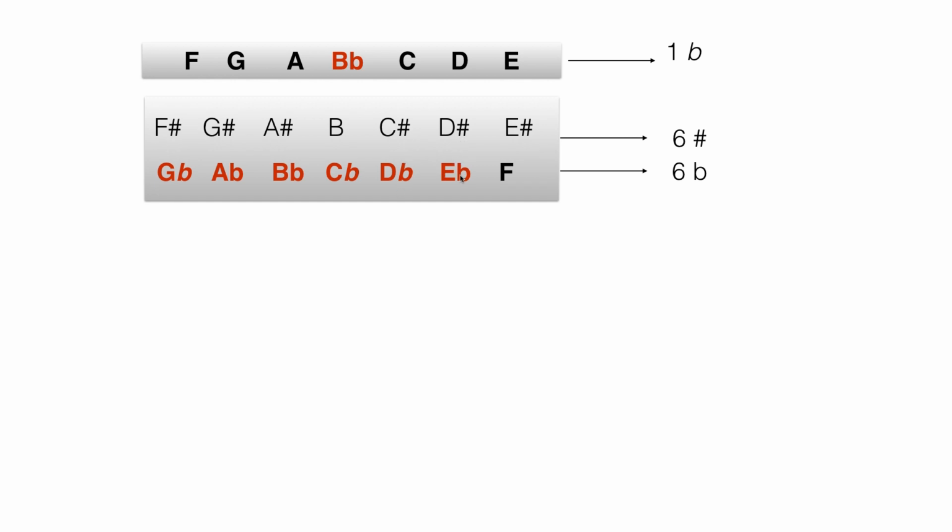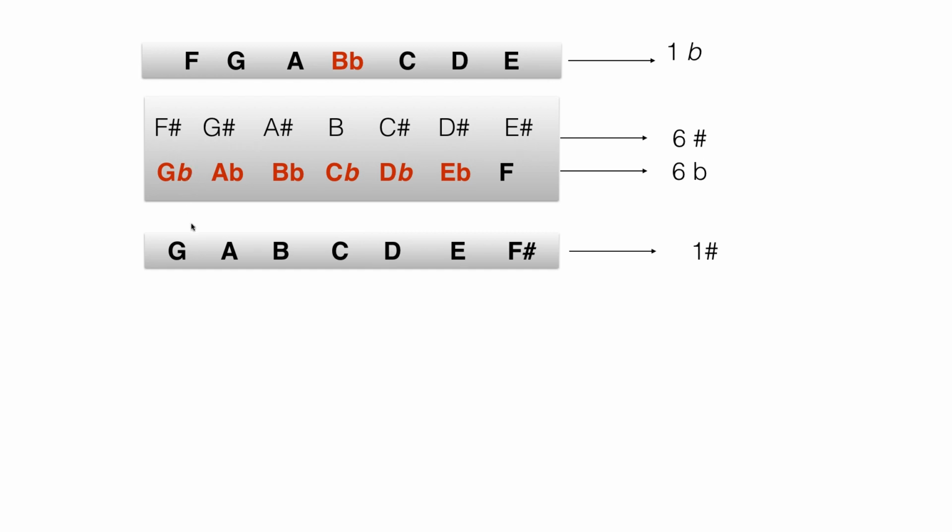D sharp is the same as E flat, and E sharp is the same as F. So this is the most complicated one with lots of flats. And then adding one more step on each note, we have the G major scale, which has one sharp.